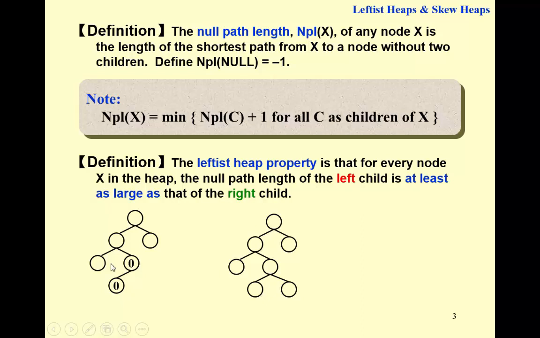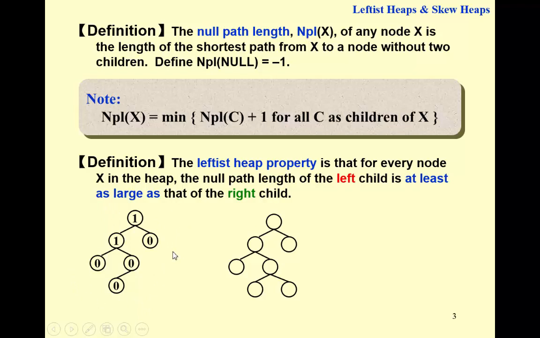This is 0, and this is 0. And how about that one? It's going to be 0 plus 1, that's 1. And how about this one? This is obviously 0. And how about this one? We have two values, either 1 plus 1 or 0 plus 1, and we take the smaller one, and therefore it's supposed to be 1.